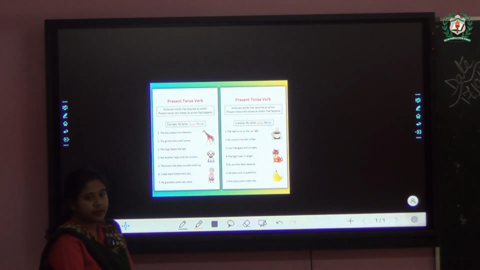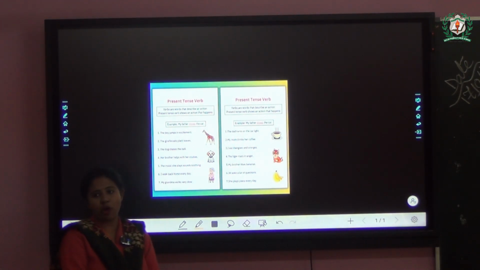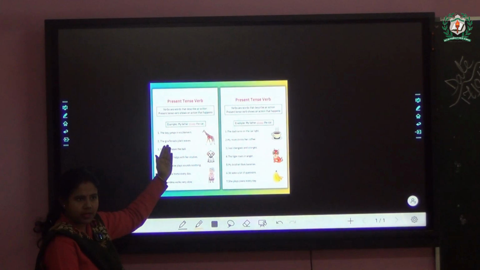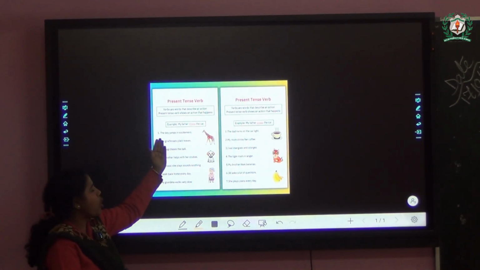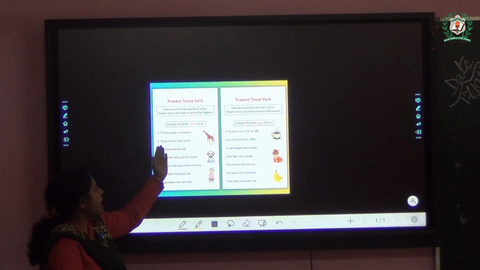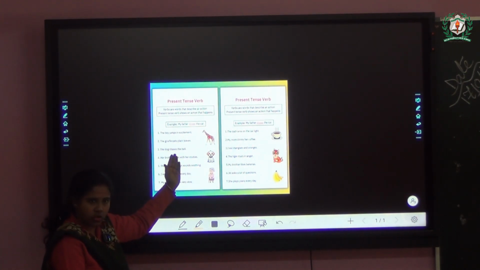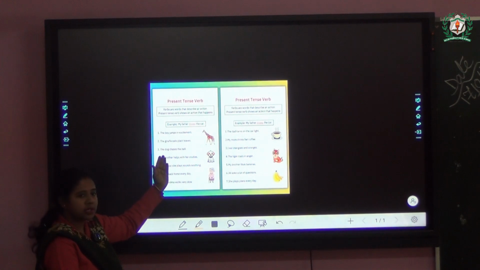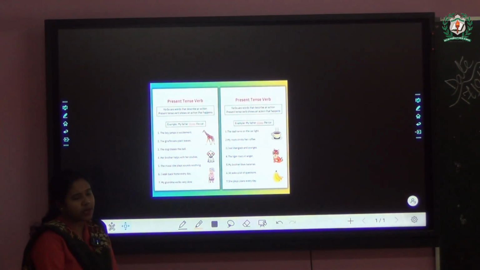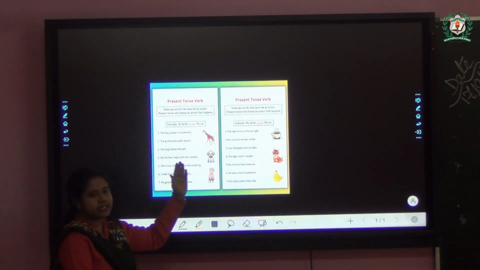But if the subject is in plural form, suppose it becomes the boys, then what will we say? The boys jump, no s. The giraffes eat, no s. The dogs chase, no s. So we have to keep it in mind in present tense.